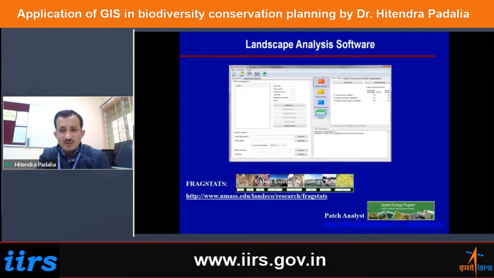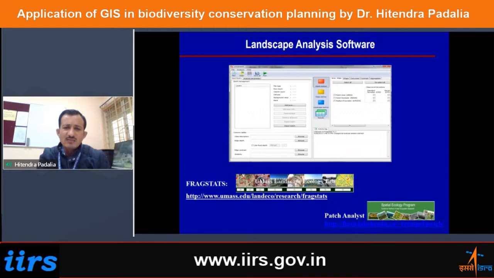Let me give you an example of software: Fragstats and Patch Analyst, and similarly there are other software which are not in the public domain, but they provide you the option to ingest the vegetation type map you have prepared into these packages. They have metrics which can compute different characteristics of the landscape, such as patch density, edge density, porosity, patch size, largest patch size.